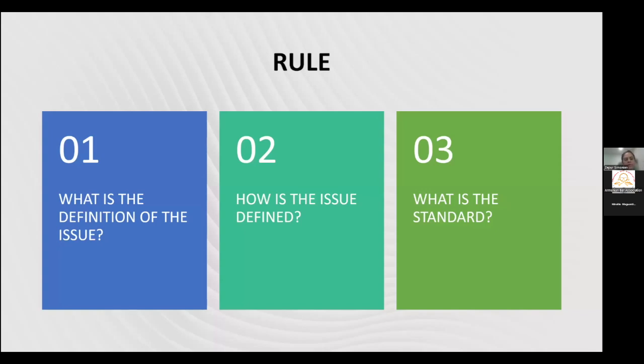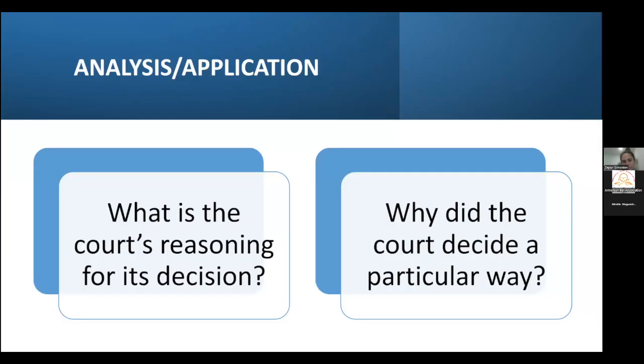The rule is pretty much: what is the definition of the issue? So what is battery? Or more specifically, what is intent? Intent is XYZ. Or you could think of it as how is that issue defined, or it's giving you a standard. What's the standard for battery? Or what's the element?